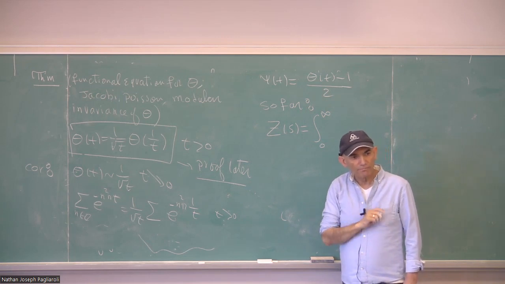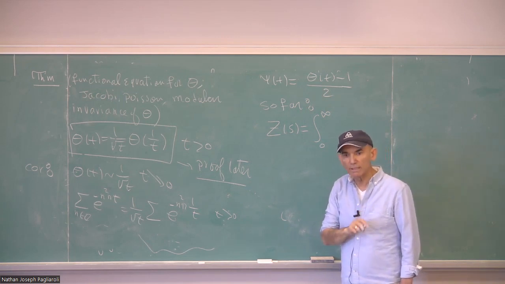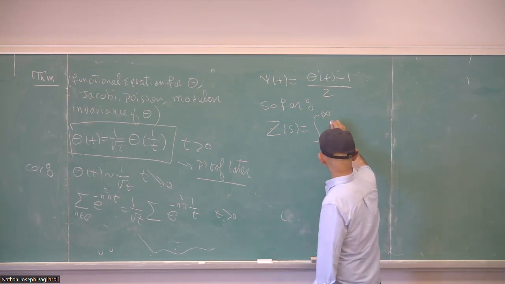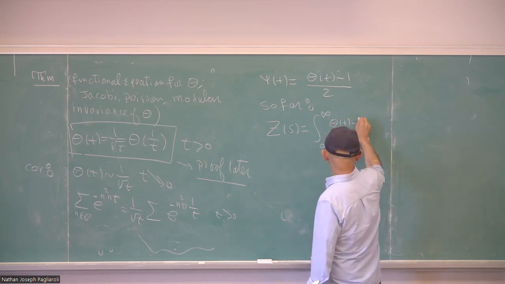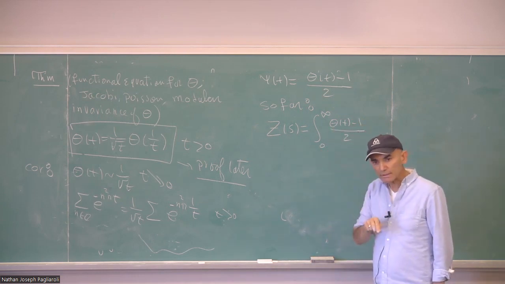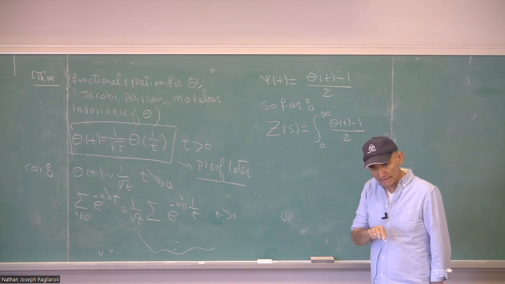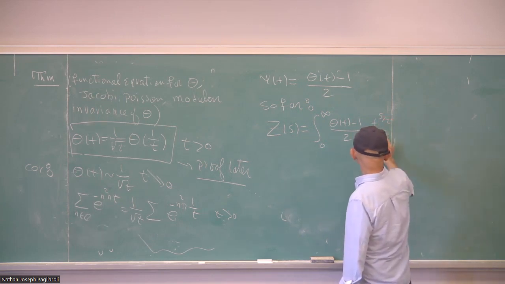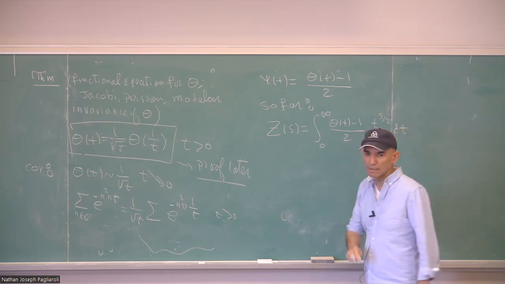What did we have? Psi of t, which means theta of t minus 1 over 2, right? And then t to the s over 2 divided by t, dt, right?